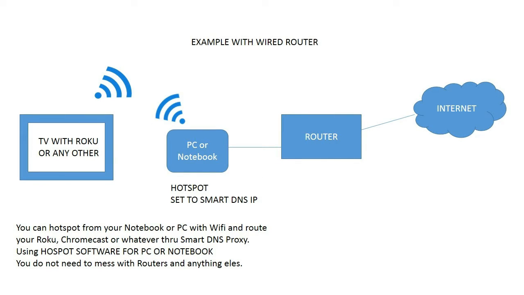Okay, the first tutorial is going to be based on a wired router connected to the PC or notebook. Basically, what we do here is we configure the hotspot, the PC or notebook, to use the Smart DNS IP, so we could access the American networks.